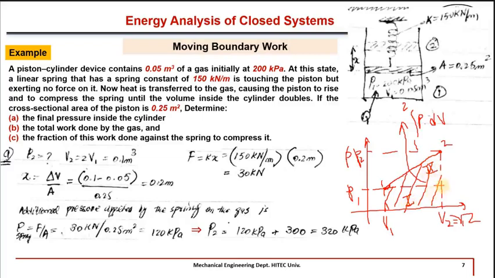First we can calculate this area, which is simply the area of this rectangle, given by V2 minus V1 times P1, plus this area, which is a triangle.